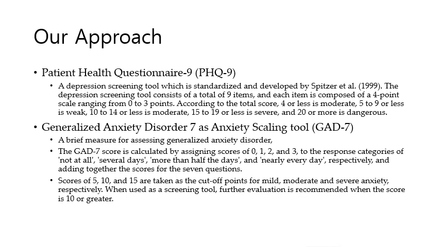First, the PHQ-9 is a depression screening tool, which is standardized and developed by Spitzer et al. The depression screening tool consists of a total of 9 items, and each item is composed of 4-point scale ranging from 0 to 3 points.